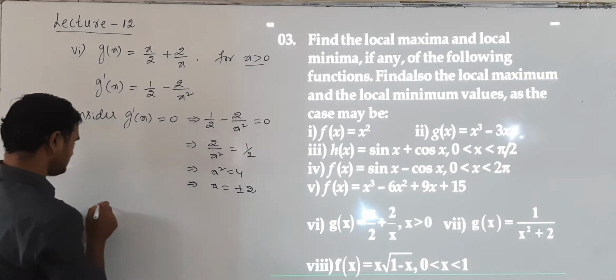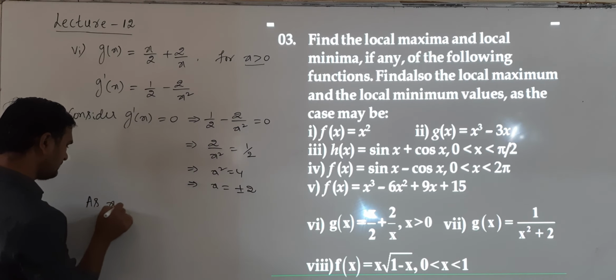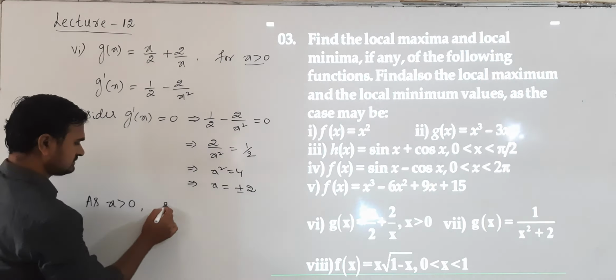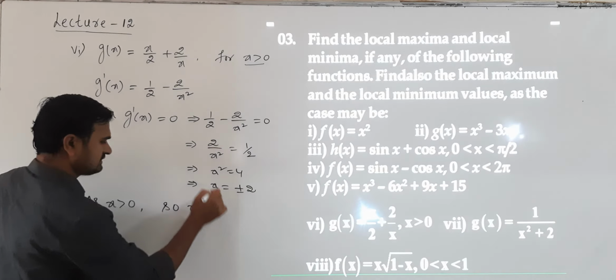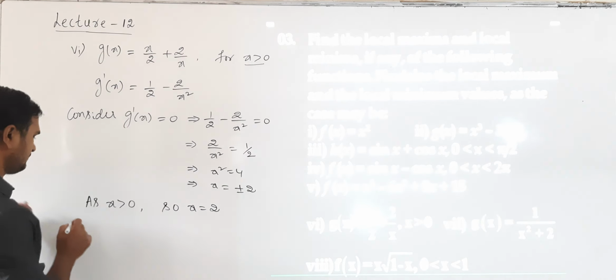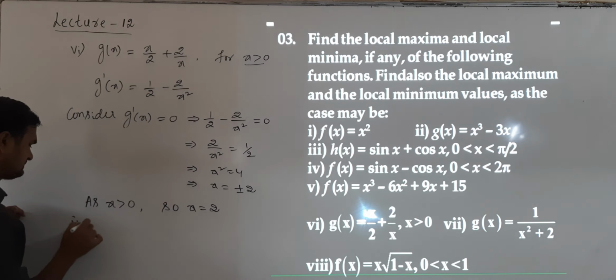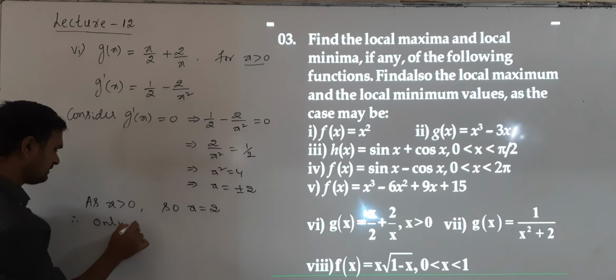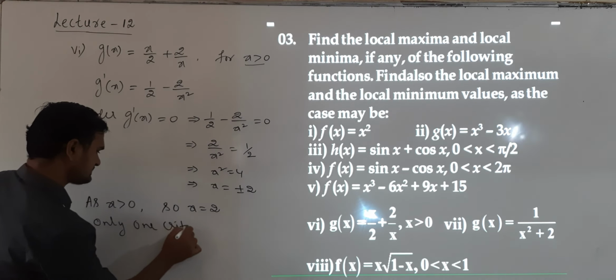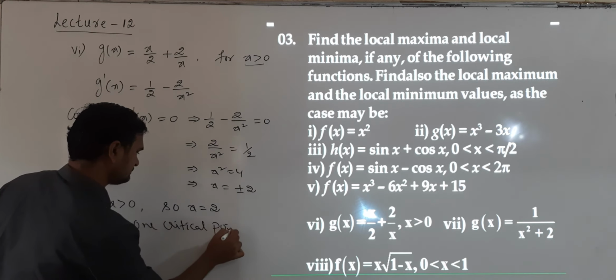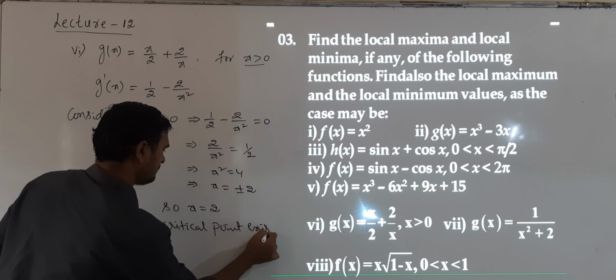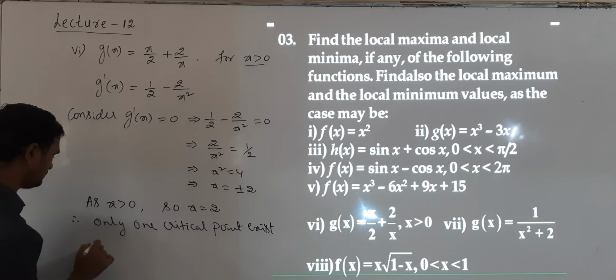As x is greater than 0, we can take x as 2 only. Therefore only one critical point exists, which is x equal to 2.